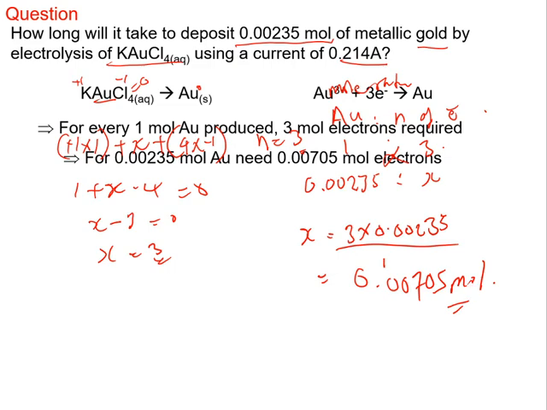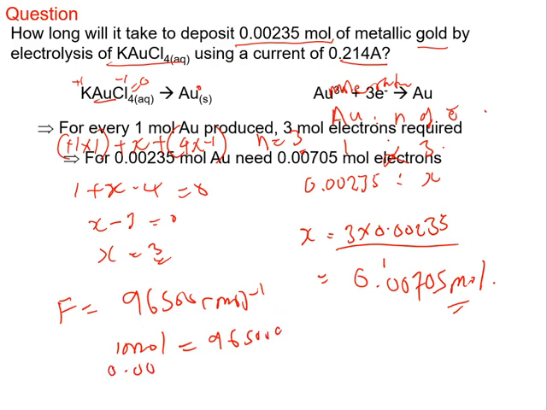Now that we've established the number of moles of electrons that passed through, we can determine the number of coulombs associated with this number of moles. Faraday is equal to 96,500 coulombs per mole. So 1 mole is equal to 96,500 coulombs. What if you have 0.00705 moles?